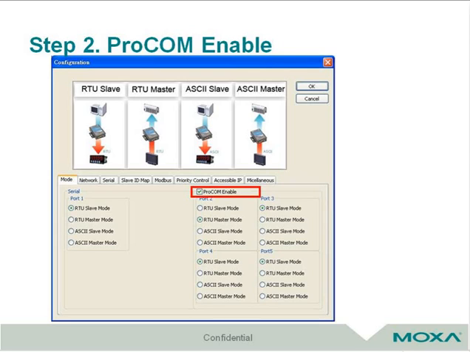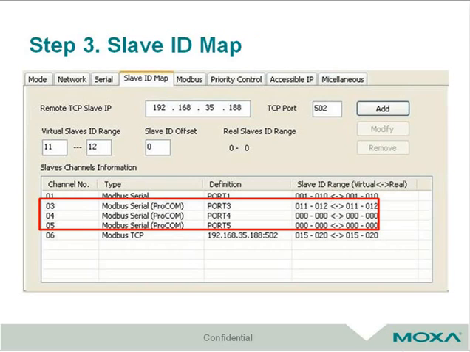Let's configure port 2 as a Modbus RTU master mode as an example, and see how we set the slave ID map on the next slide. The port 2 PROCOM is configured as Modbus master mode. There is no slave on this channel, so we cannot see port 2 at this step.